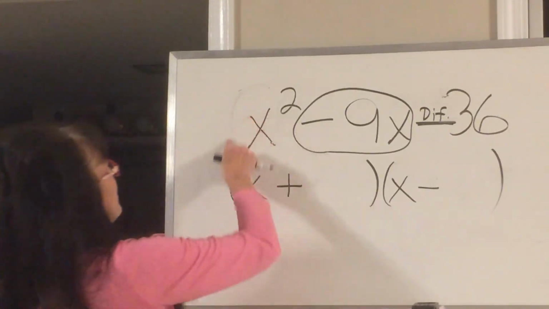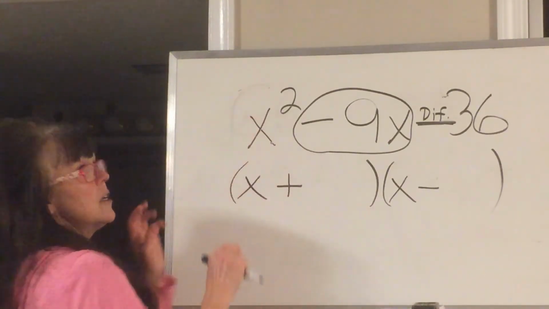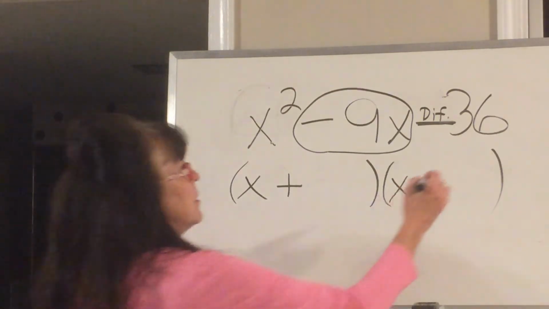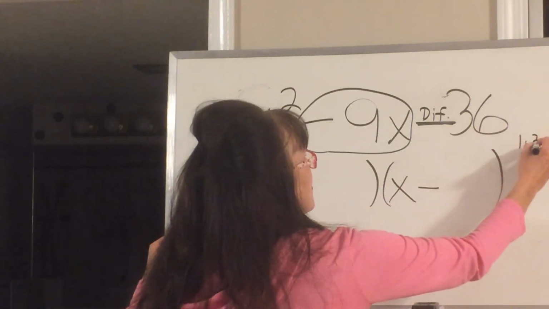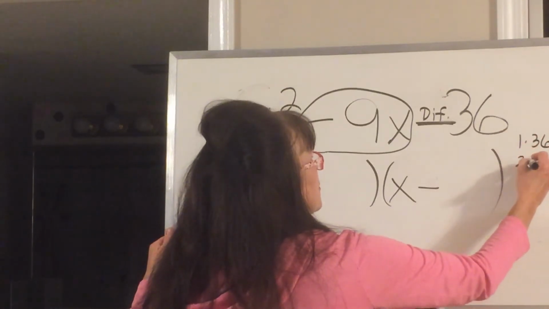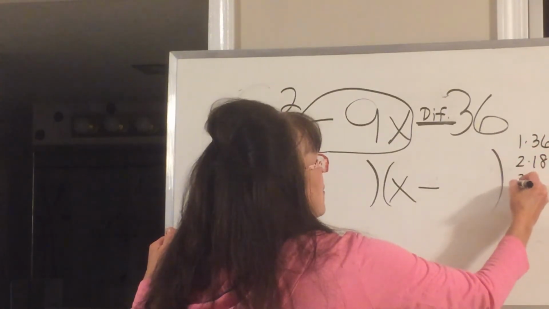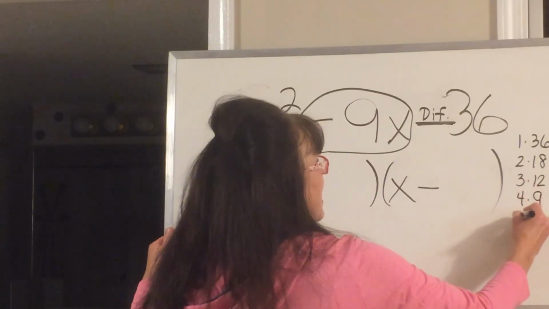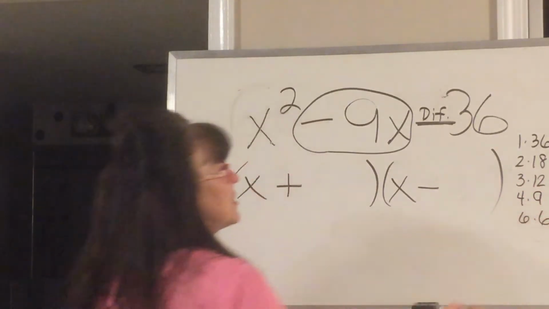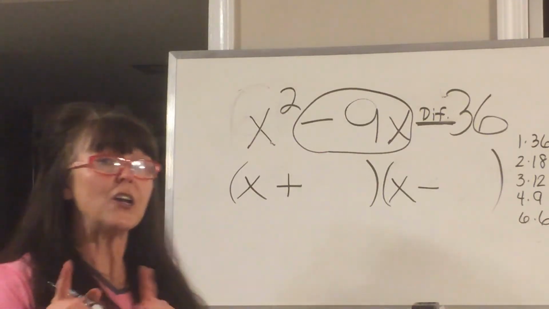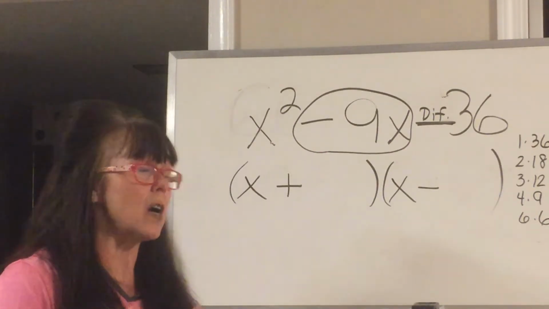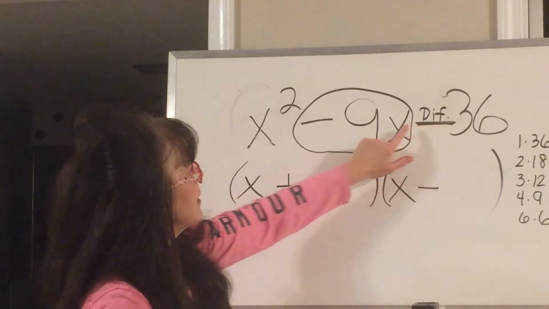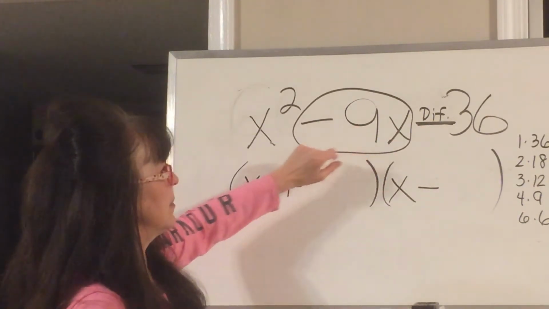Well, I don't have that front number, so I do not have to switch my combination. So 1 times 36, 2 times 18, 3 times 12, 4 times 9, 6 times 6. How do you know which combination works? Well, when they subtract, it gives you the middle number.